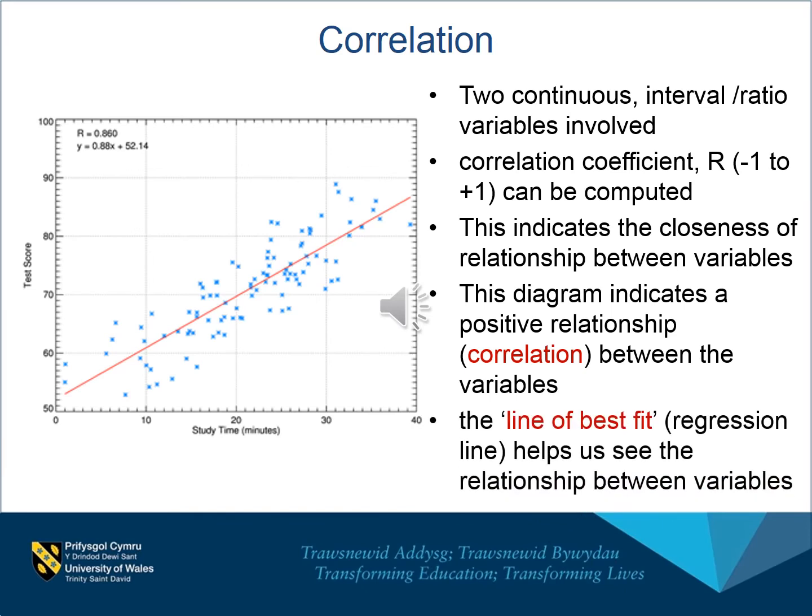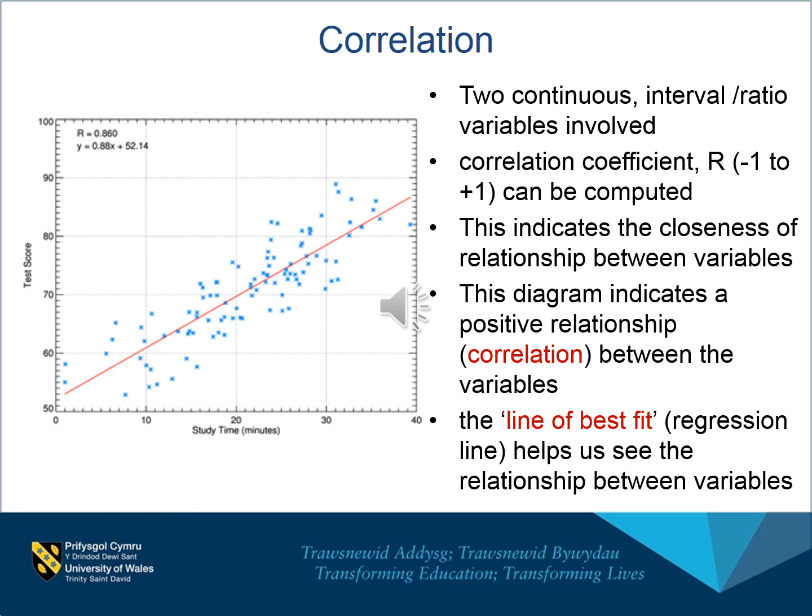Correlation is a statistical test that looks at relationships between variables rather than differences, and we use it where we have continuous interval ratio variables, in other words, numerical variables. So for example, in this particular example, we are looking at the test score of students who have studied for different study times or different amounts of time.